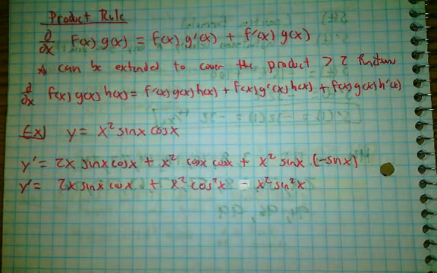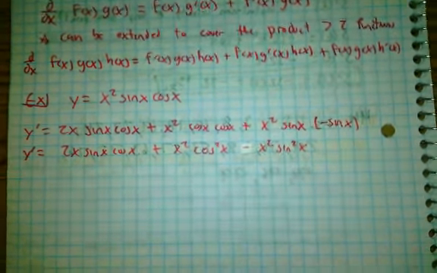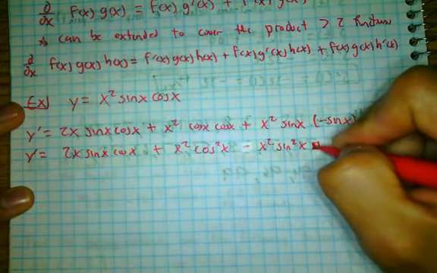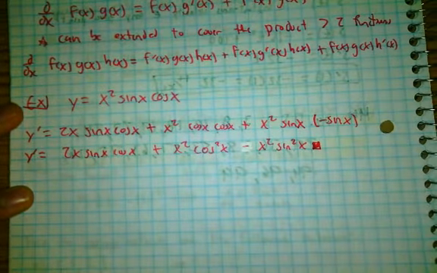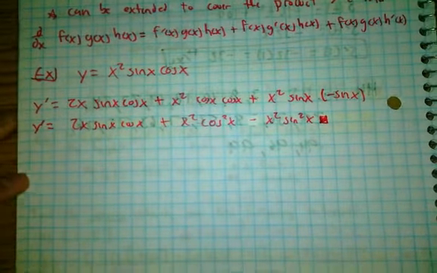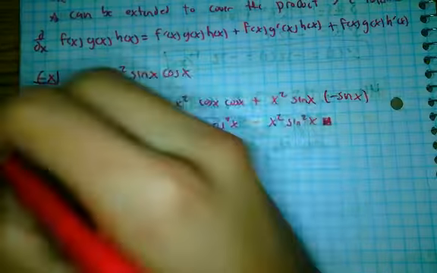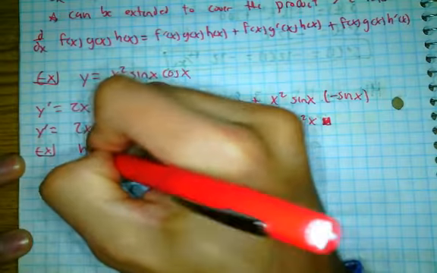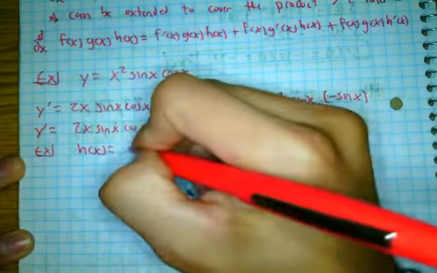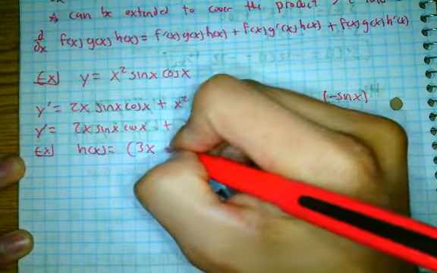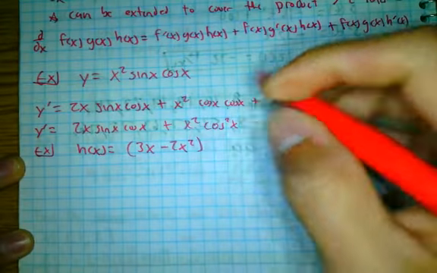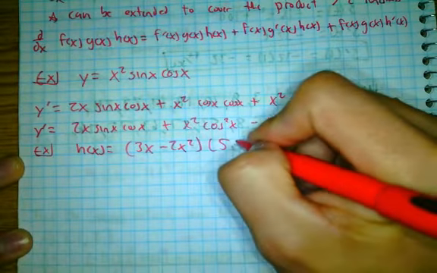Alright, so at this point I'm just going to say I'm good here. I don't really need to simplify anymore. Cool? Alright, so how about you try this one? Find the derivative of h of x equals 3x minus 2x squared times 5 plus 4x.